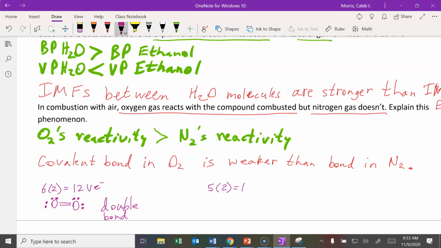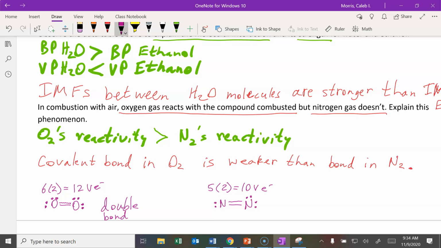But if I go and draw nitrogen, nitrogen has 5 valence electrons multiplied by 2. That gives us 10 valence electrons. So let's draw that out. Nitrogen, 2, 4, 6, 8, and then 10. You can see that neither of these nitrogens is happy, so I've got to erase one pair of electrons and try making a double bond. Well, now I've got 2, 4, 6, 8.